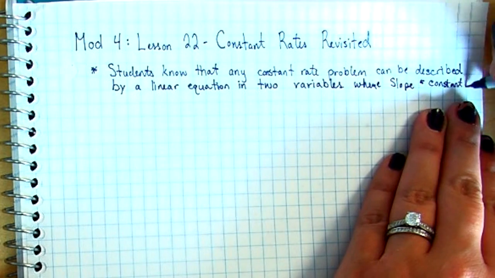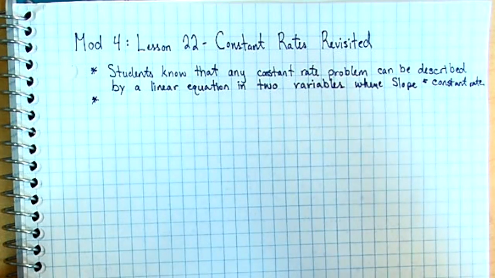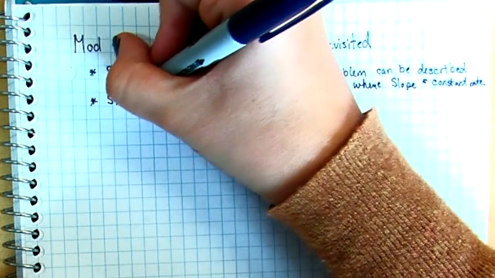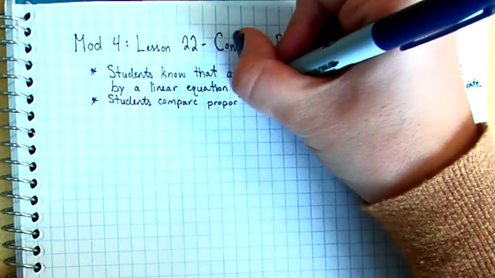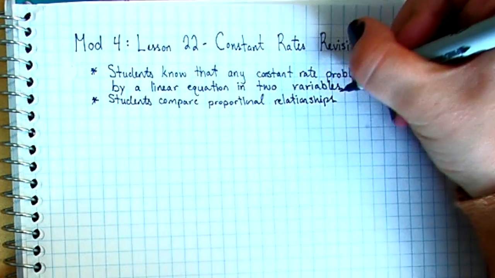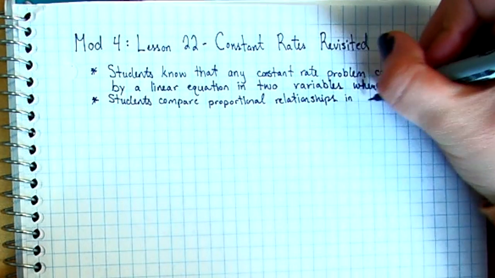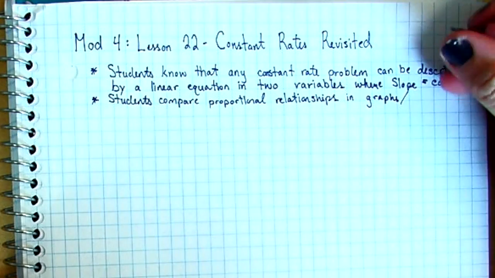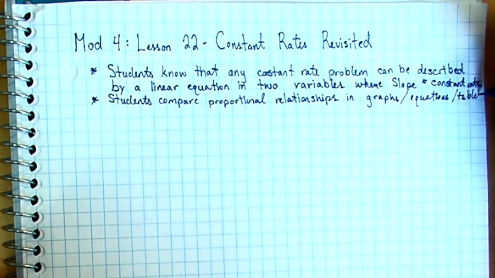So we're going to look at an example problem where this really gets clarified. But we also want to make sure that students can compare proportional relationships in graphs, in equations, and in tables.